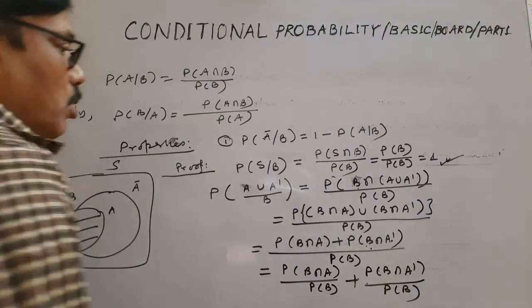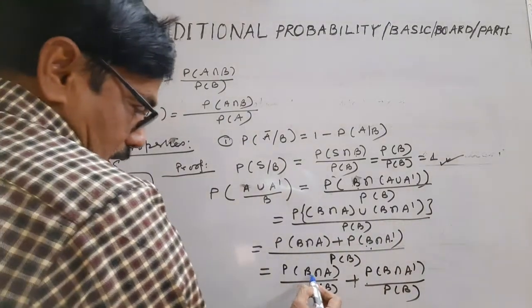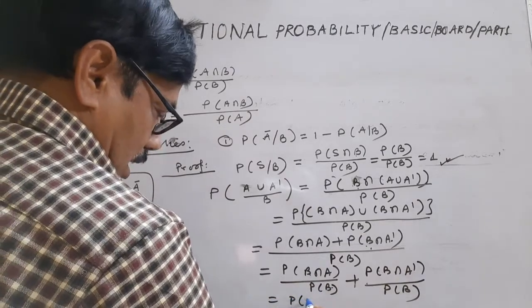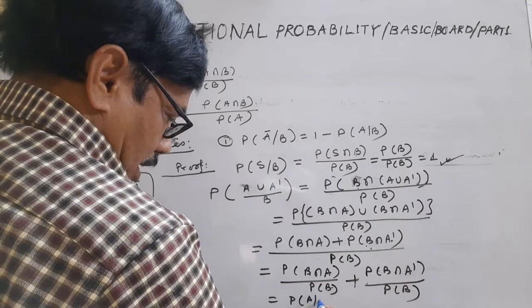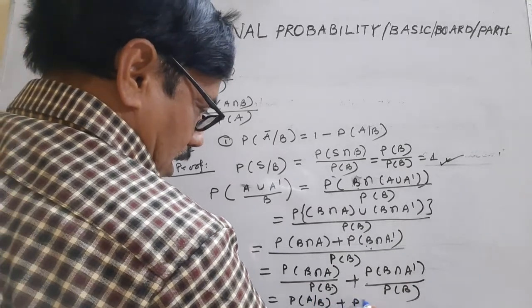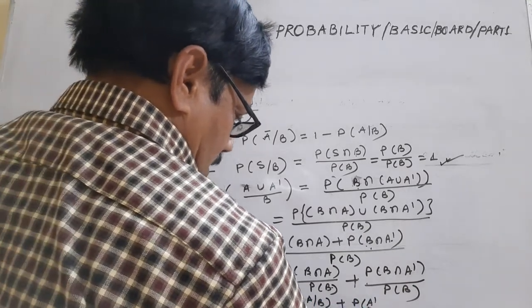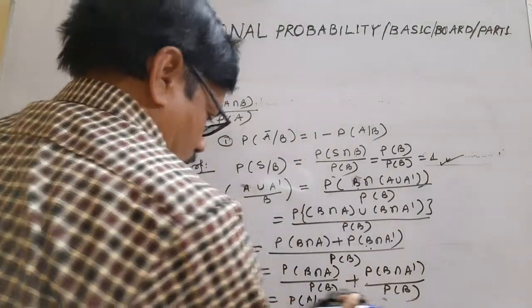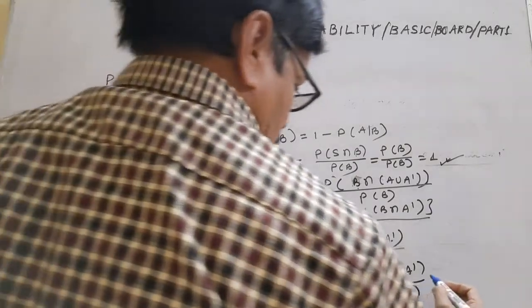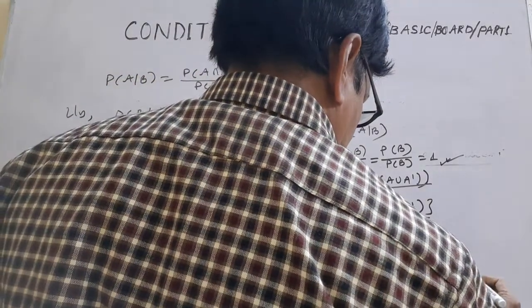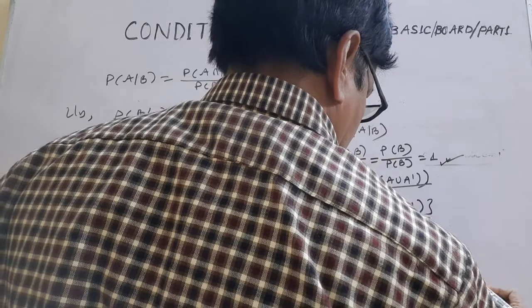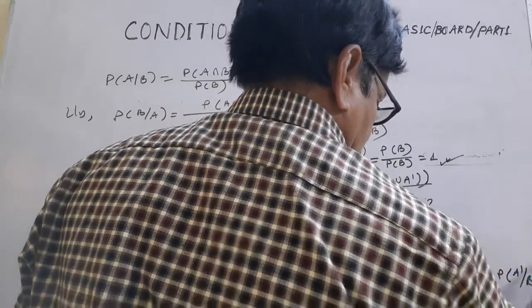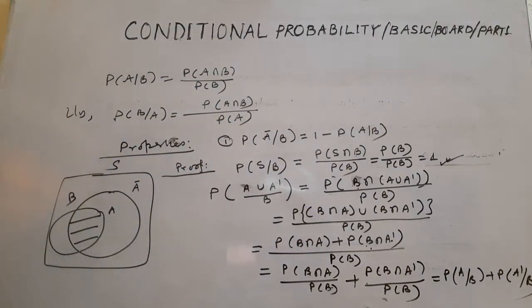Now look, from the definition, P(B intersection A) by P(B) is P(A/B), and this is P(A dash/B).